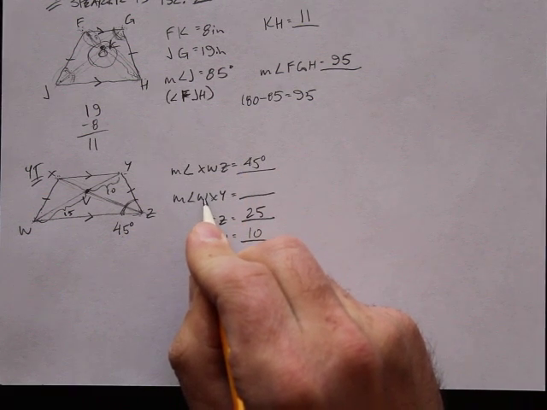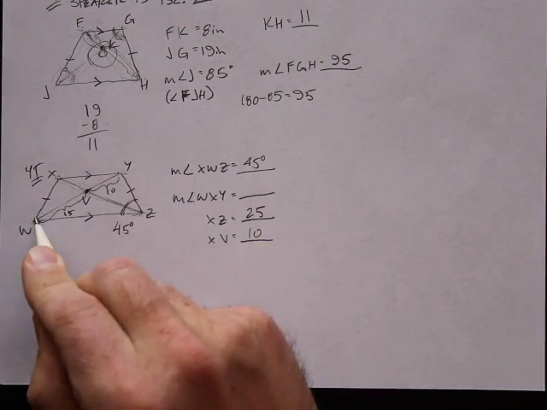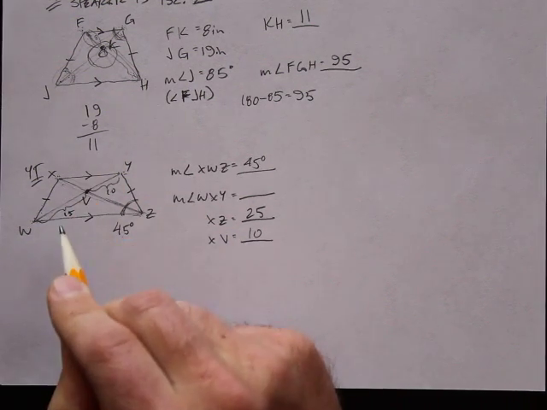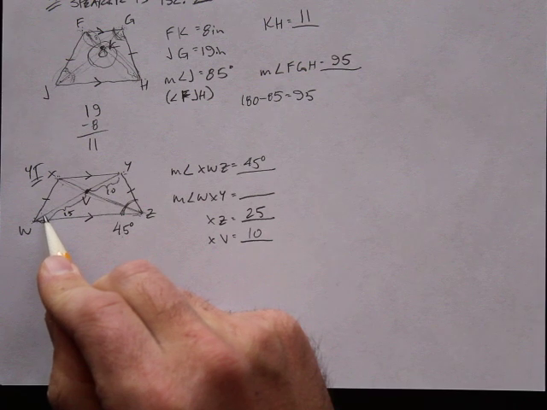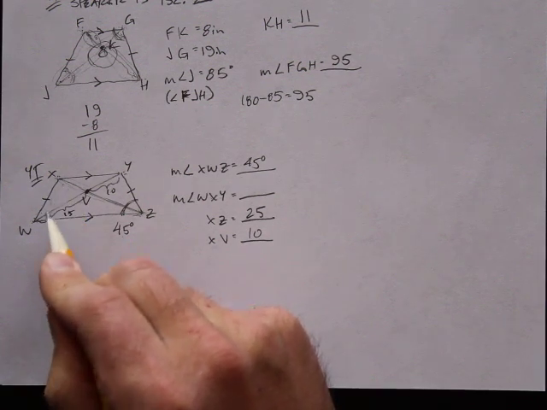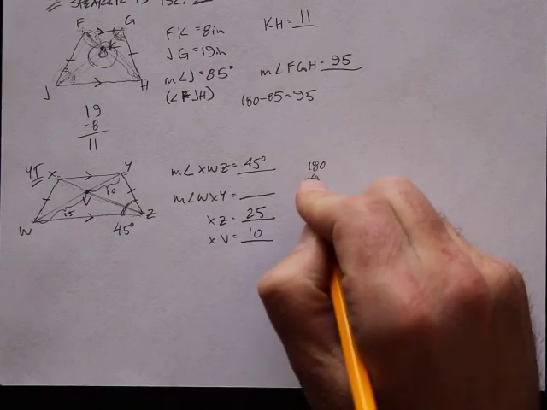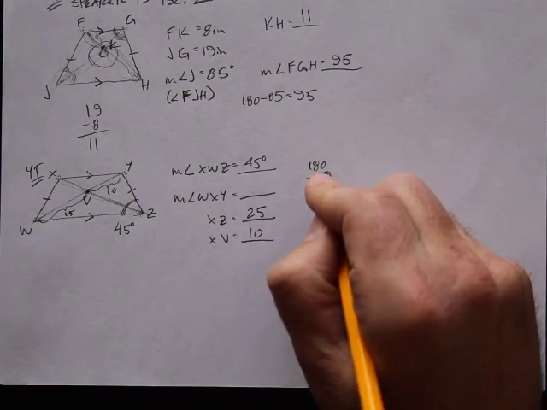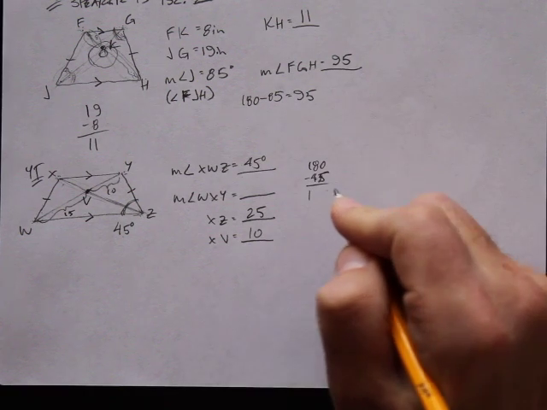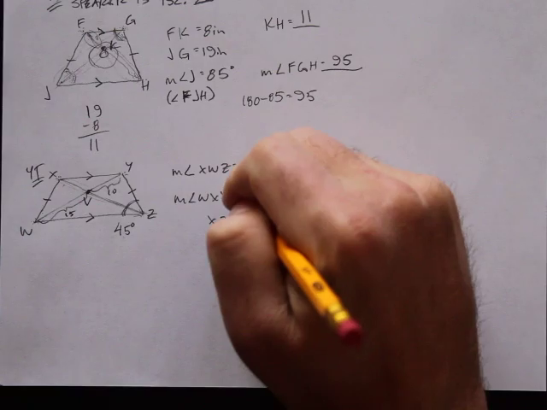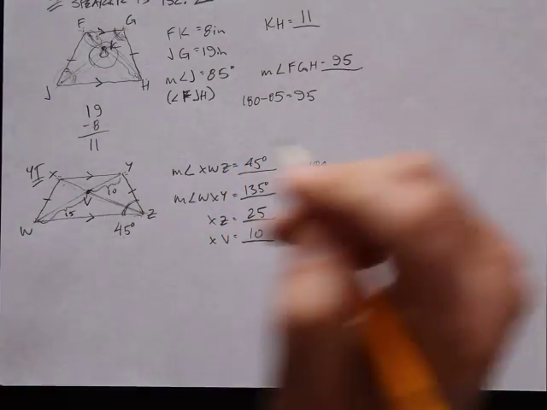Now I need WXY. WXY, that's this one right here. And we already talked about how these need to be supplementary. So I can just say 180 minus 45. And that is 135.